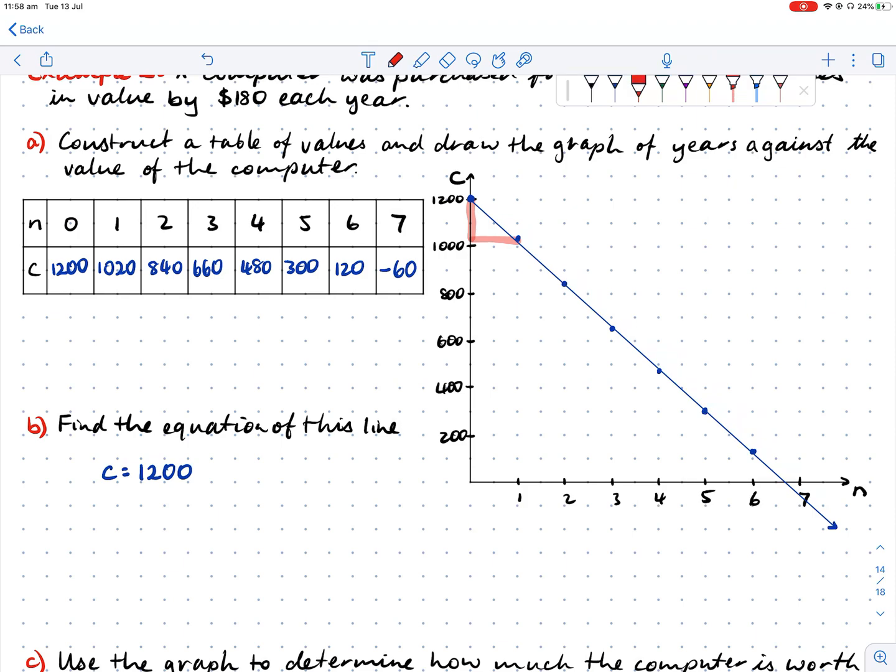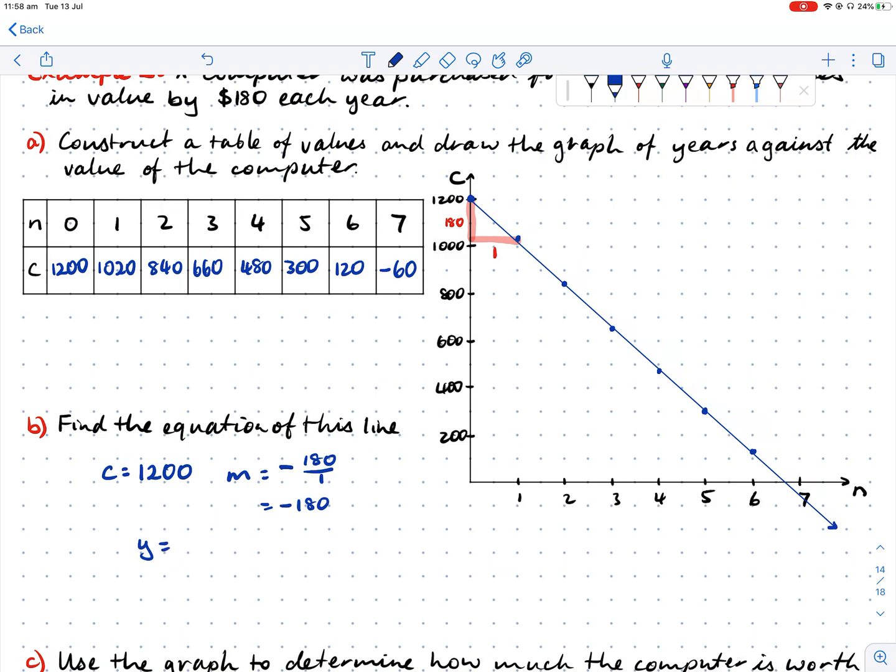The horizontal is going to be 1 year, and the value has gone down by 180. Now remember, this line's sloping downwards, so the gradient is negative. Rise over run, 180 over 1, so that's negative 180.